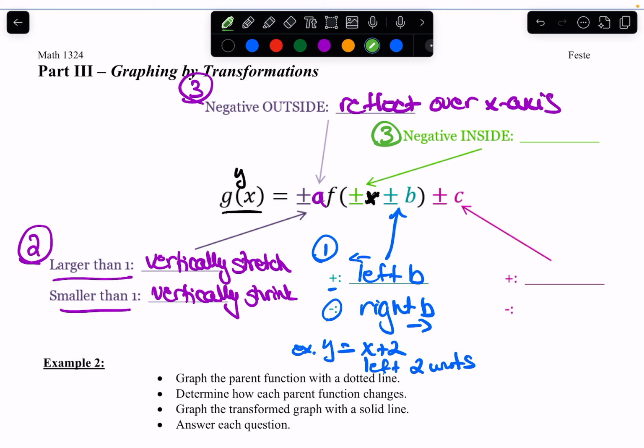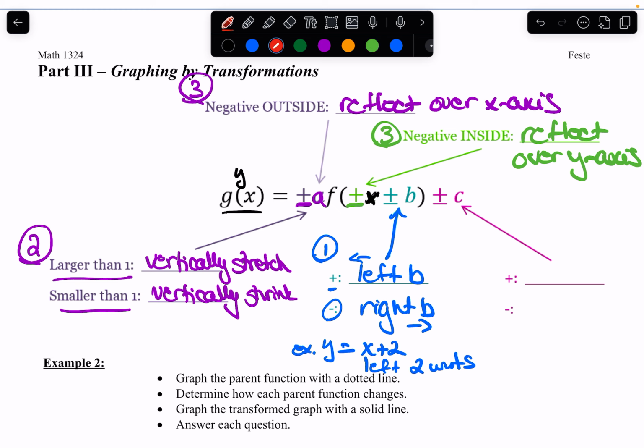Negative inside, notice that it's here, whereas in the previous one it was out here. So if we have that negative inside, we reflect over the y-axis.